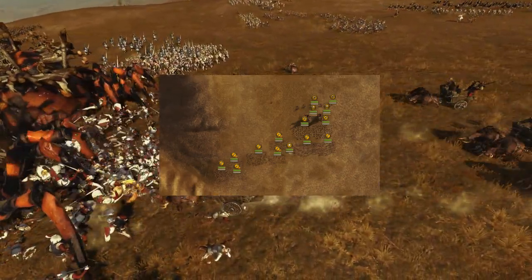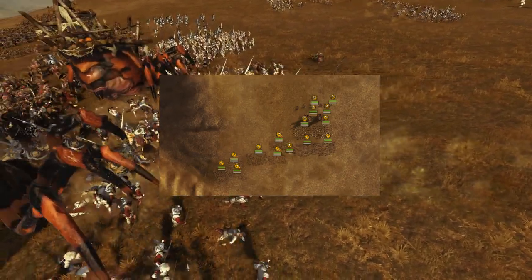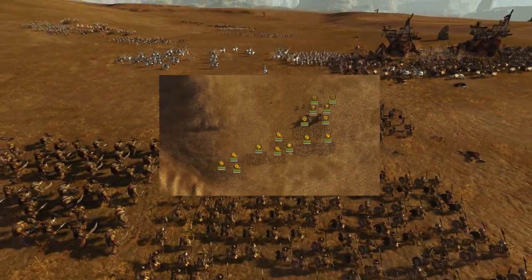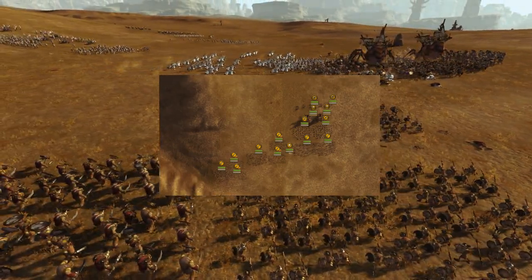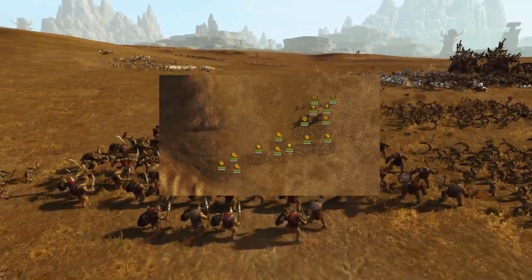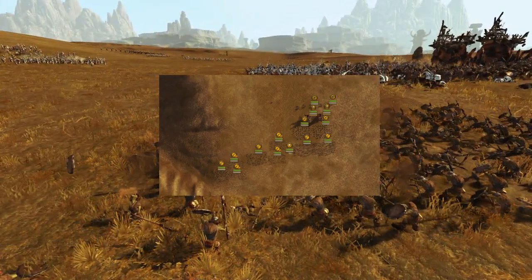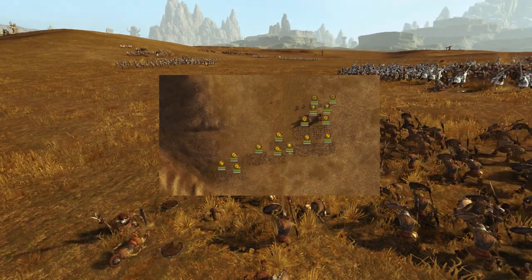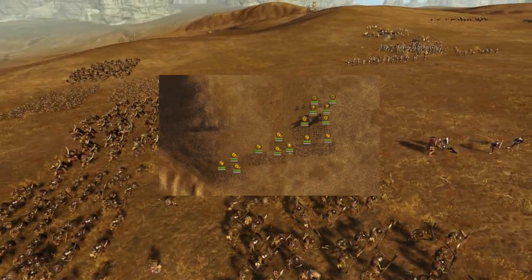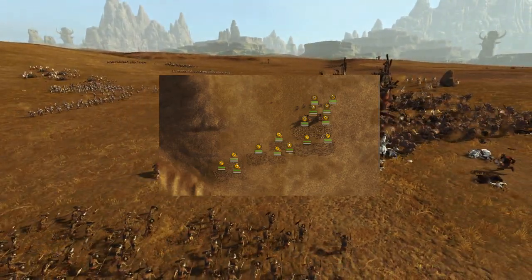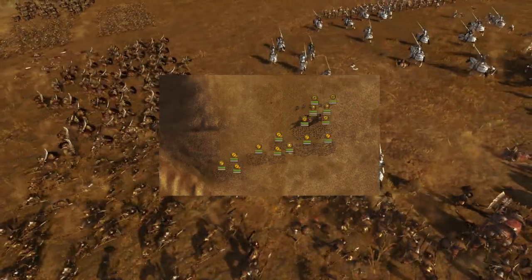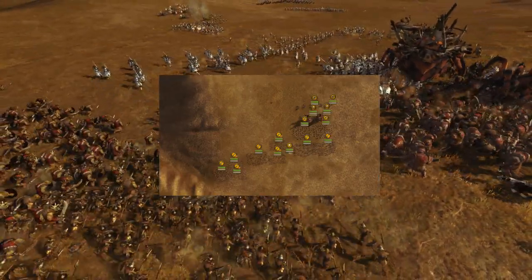You can't see the enemy in the picture that I've got up currently, but if you imagine where it says game pause there, the enemy could be along there, so they're flat to that. The slope that I've got down there is aiming to prevent the enemy from easily attacking or trying to flank me, because in a lot of ways this works like a flying V with the slope.